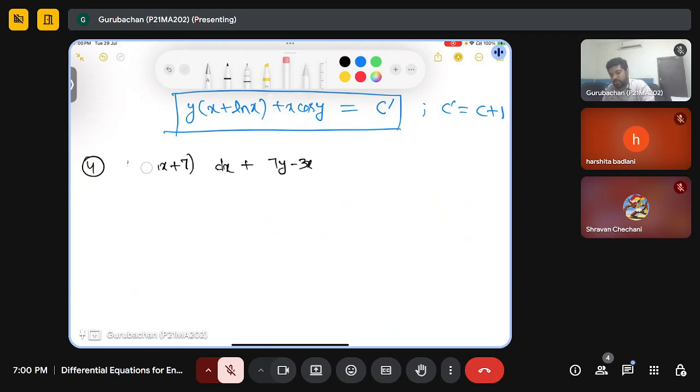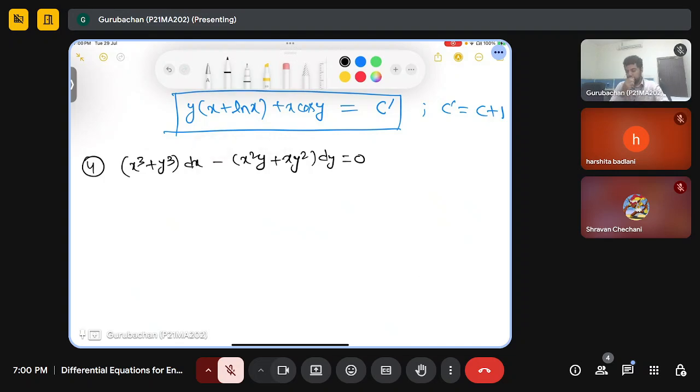Let me write before this a little smaller version of this: (x cube plus y cube) dx minus (x square y plus xy square) dy is equal to 0. Do this one. Try this one first.